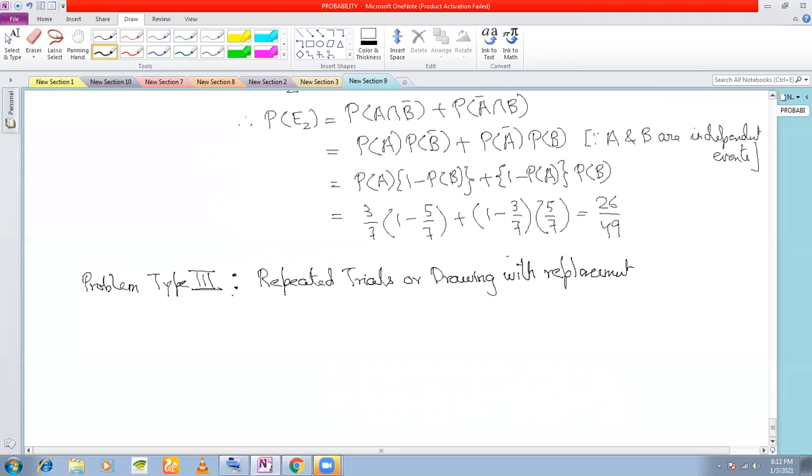Suppose that the bag contains a certain number of balls. I'm drawing out one ball and then another ball. When I draw out the first ball, I'm not keeping it back in the bag. Before the second drawing, I'm not putting the ball back in the bag. That is called drawing without replacement.